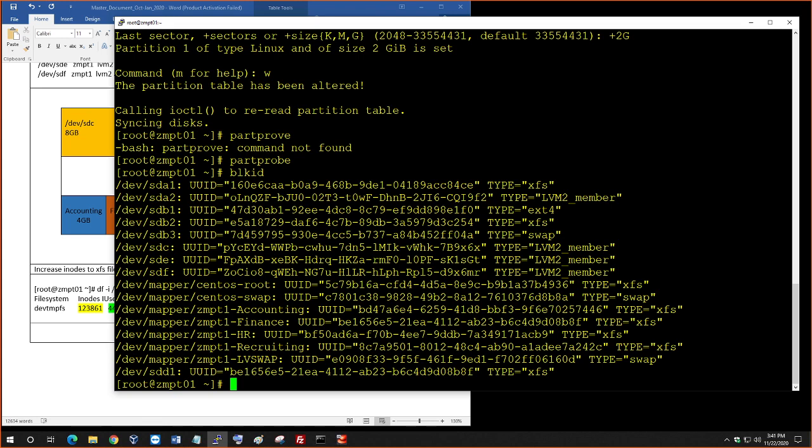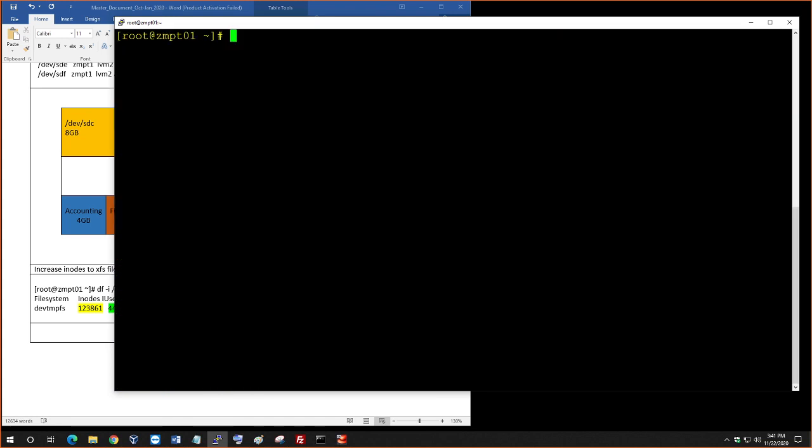It's not going to show in here because we haven't made the file system yet. So what I'm going to do is create a file system, mkfs.xfs. Okay, and then which drive I want, /dev/sdd1.